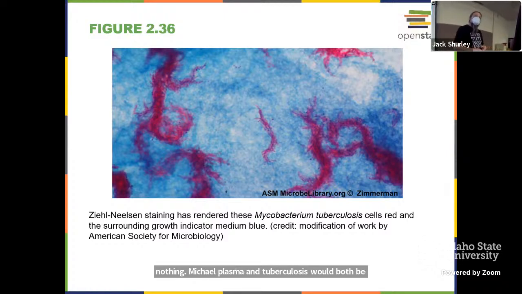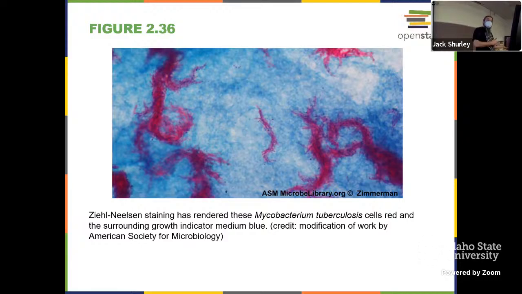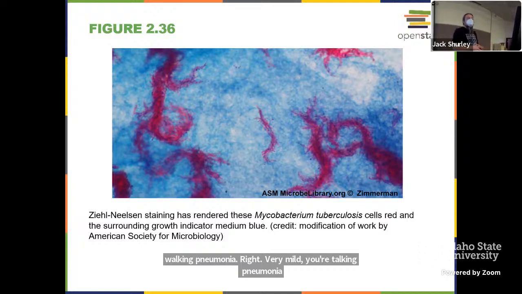Gram stains wouldn't pick those guys up. And then, dependent upon some of the signs and symptoms, Mycoplasma pneumoniae causes walking pneumonia, all right? Very mild, if you're talking pneumonia, it's kind of a mild form of pneumonia, all right?